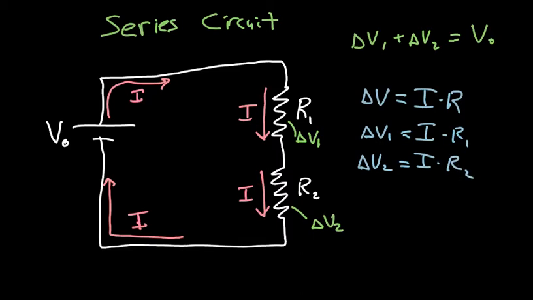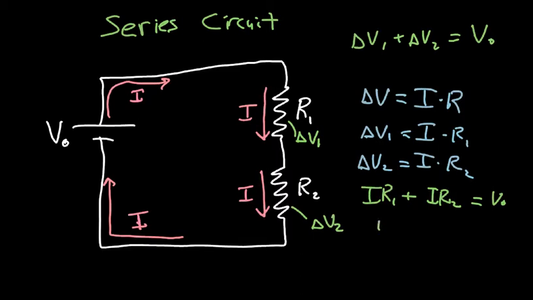So then I can go back to this equation I wrote a minute ago and substitute IR1 for my value of delta V1 and IR2 for that delta V2, and that's equal to V naught. My goal here again is to figure out an expression for I ultimately.